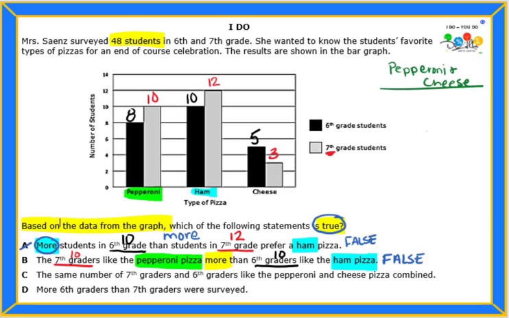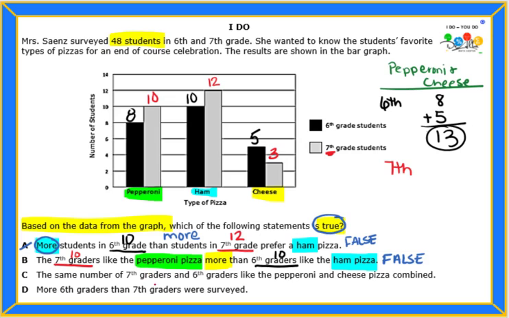So first, let's do the 6th graders. 6th graders that like pepperoni, 8. 6th graders that like cheese is 5. So 8 plus 5 is 13.